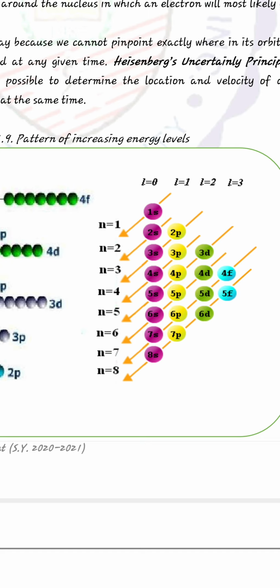Then 2p. Ilan nga yung electron ng p, ng principal? We have 6. So 1s2, 2s2, 2p6. So it's actually 10. So we have 10 electrons already. So ilan na lang yung kulang so that we can make it to 18? Meron pa tayong 8 na kailangan, right?